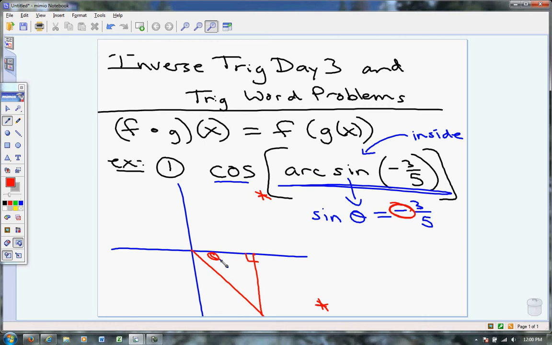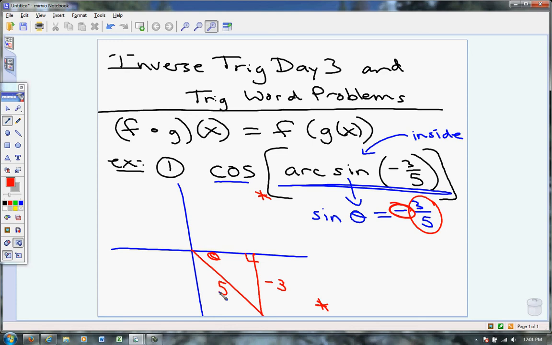Now, you'll notice that I have a 3/5 here, which does not match up to our 30, 60, 90 or 45, 45, 90 triangles. So what we do is we just label it. Sine is opposite over hypotenuse. So the opposite side from that angle is negative 3.